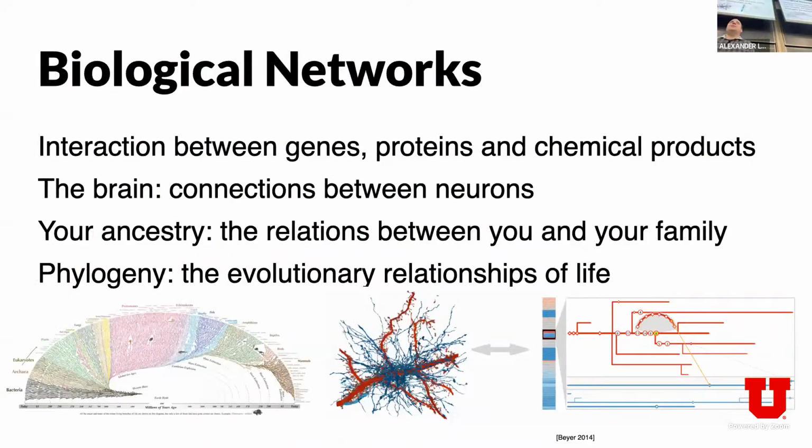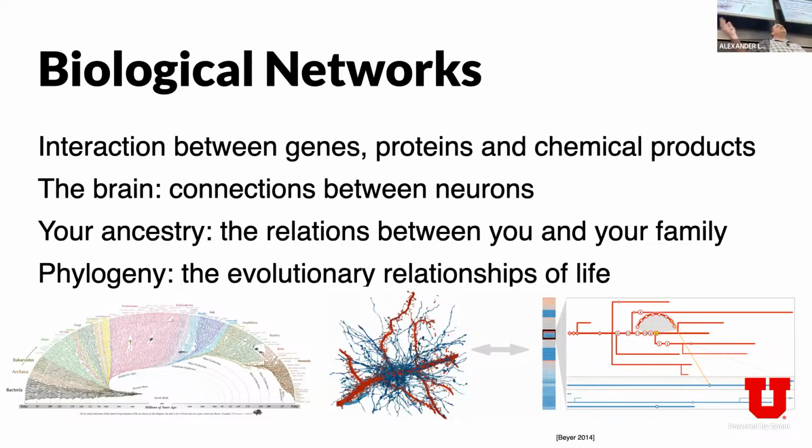The other domain where we study networks frequently is biology, right? Interactions between genes and proteins and chemical products can be modeled as networks. The brain, the way we think, is one big, massive, extremely complicated network, right? We have connections between neurons that make us think, make us remember, and so on. Everybody here has a network of family, right?